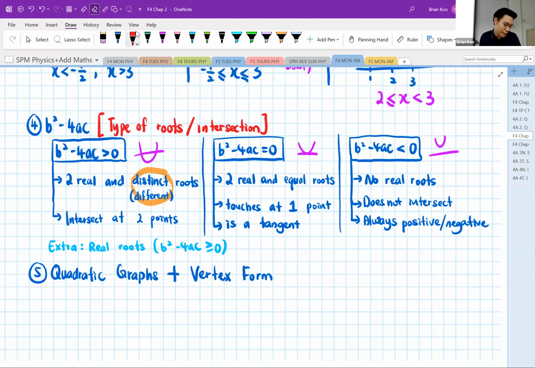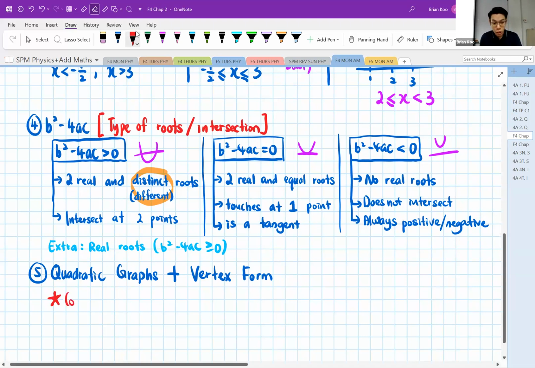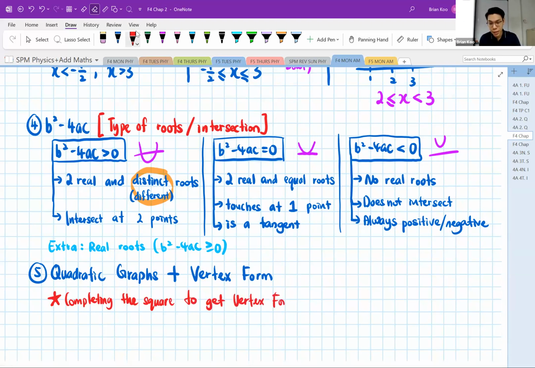So we're gonna look at the vertex form first. Completing the square to get vertex form. That's the first thing we're gonna deal with.